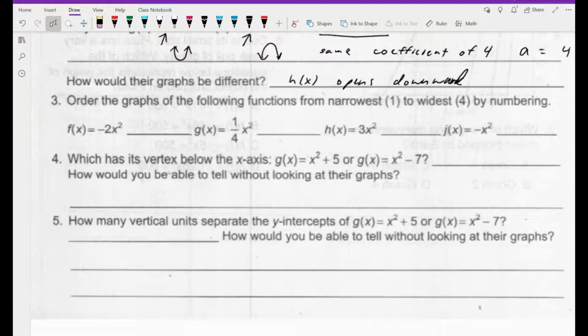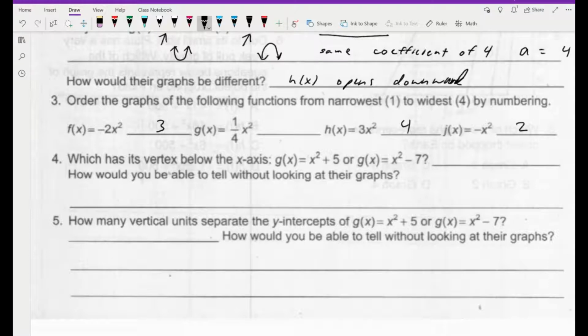Well, the biggest number here is the number 3. The next biggest number would be 2. Again, we ignore the negative sign. The next biggest number would be a 1, which is right here.